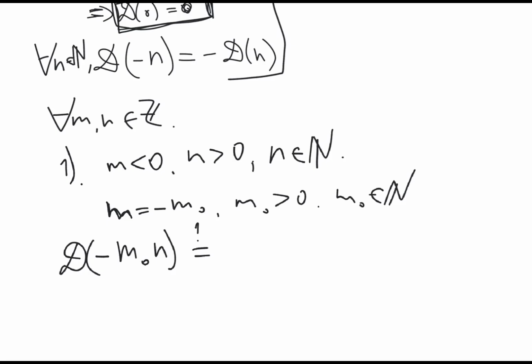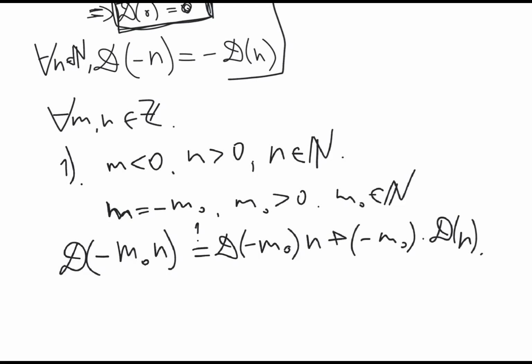We need to verify if it's equal to d of minus m0 times n plus minus m0 times d of n, right? So this is equal to minus d of m0 n, right?